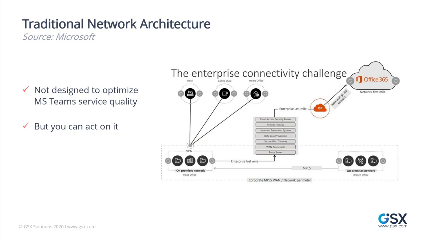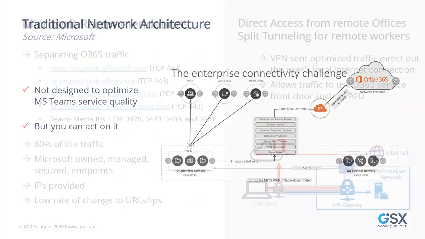And it implies remote offices using MPLS to connect to the data center, remote workers using VPN, backhauling the traffic to the data center, and of course, before egressing to the internet to Office 365. So this goes a bit against Microsoft recommendations to provide better performance to your Office 365 users. So let's see how you can act on this infrastructure to improve your hybrid worker experience.